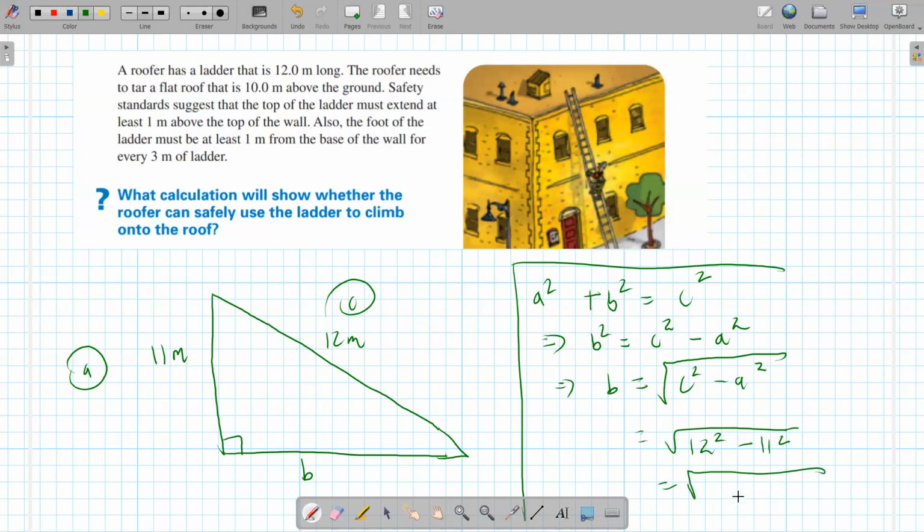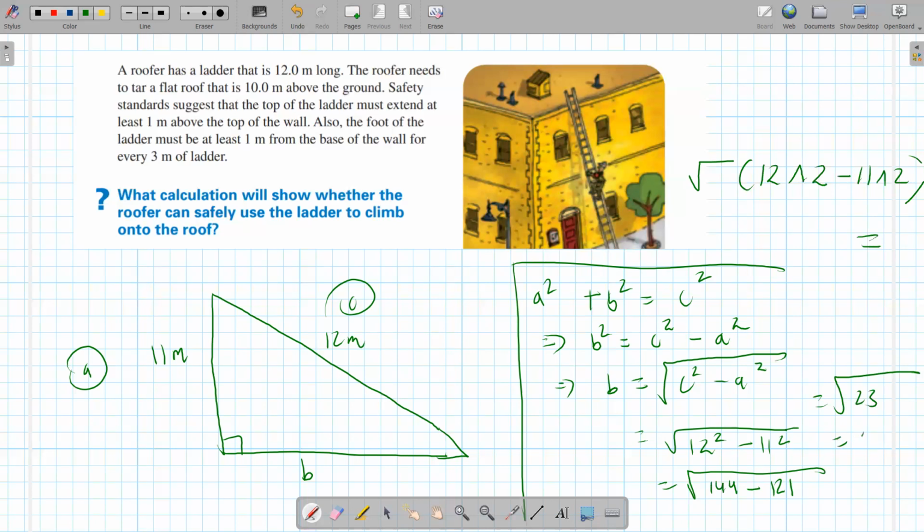So here's how you do it, okay? If you're going to plug it in the calculator, you need to open a square root and then a bracket, and then you do 12 squared minus 11 squared, close bracket, equals. If you're trying to do it on the calculator in one step. Otherwise, you can just do 12 squared, which is 144, minus 11 squared, which is 121, and that is the square root of 23.